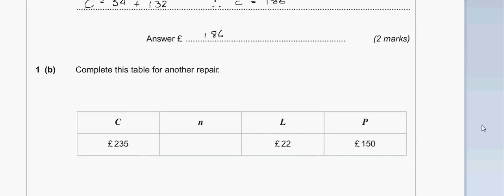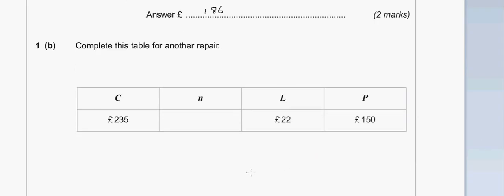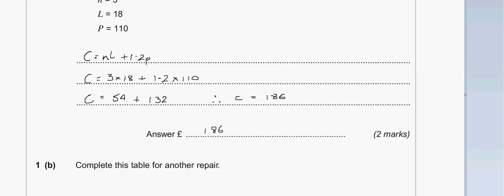So we rewrite the formula. So C equals NL plus 1.2P. Okay, so make sure I've got that right.